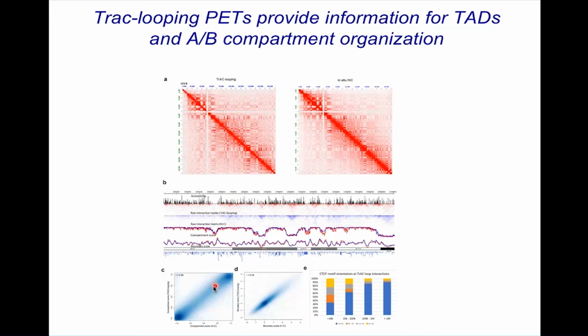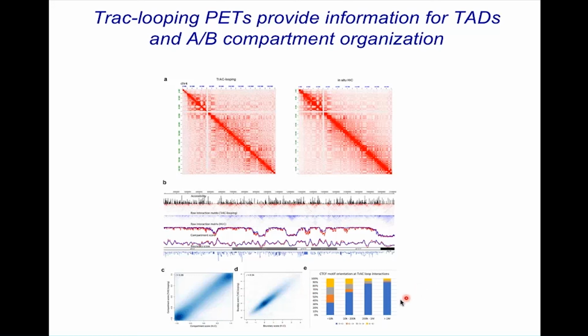For compartment scores, this is the compartment score from Trac-looping compared with the score from Hi-C, and they are highly correlated. They are also highly correlated in the boundary scores at the y-axis and x-axis here.